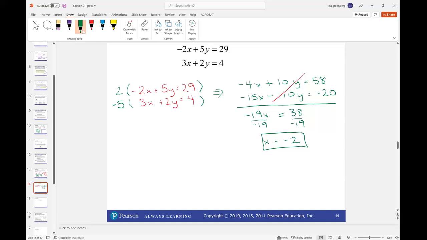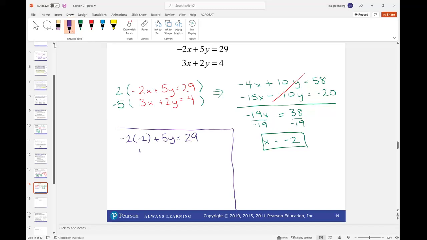And now I have to find my y, so I can pick either equation. I don't remember, I think I picked the bottom one because it was easier. We'll pick the top one this time. So I have, let's put in this little box here. So I have x equals -2. So I have -2 times -2 plus 5y is equal to 29.